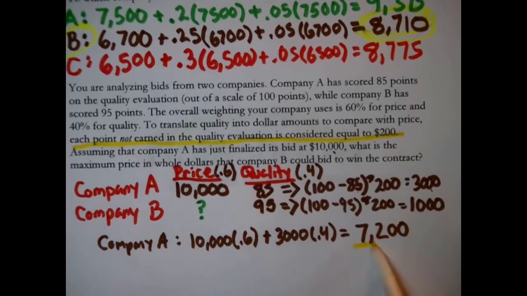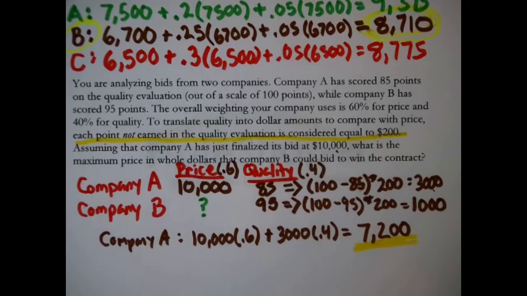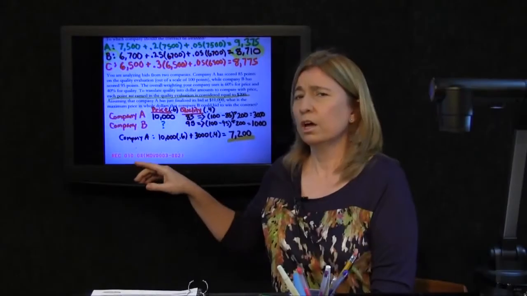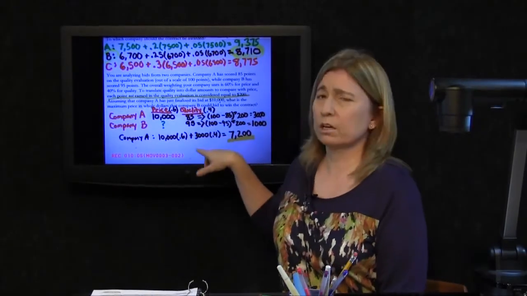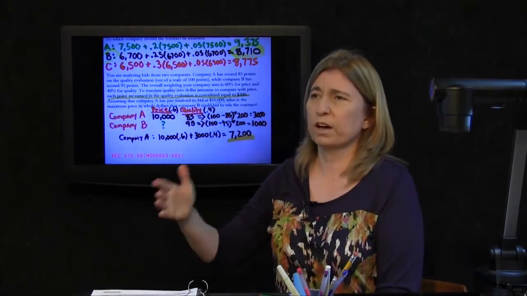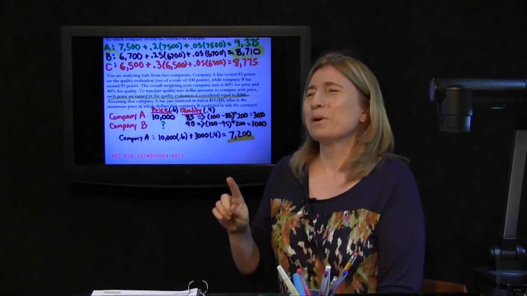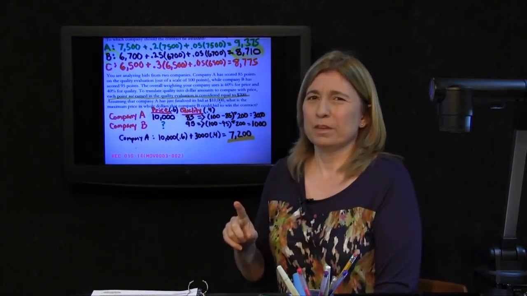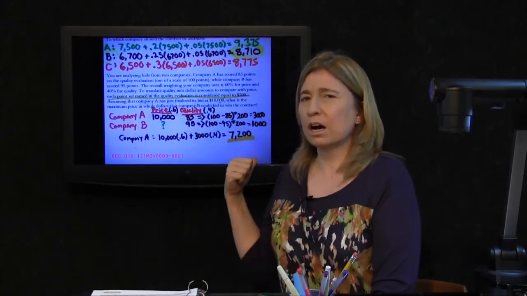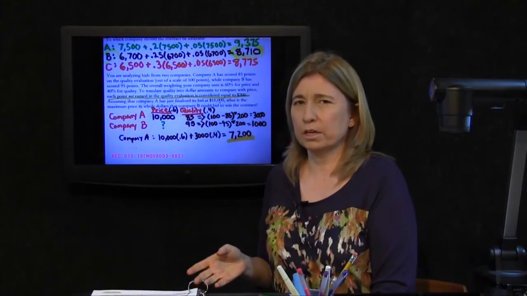Now I'm tempted to put a dollar sign in front of that, because the 10,000 was in dollars, and originally when we calculated the 3,000 it was based on the fact that every point not earned was considered worth $200. But that would be deceptive, because this 7,200 is not actually the total cost of Company A's bid.